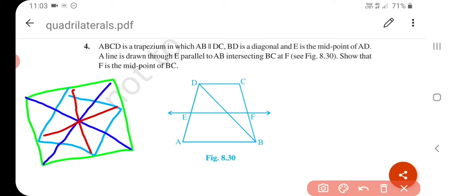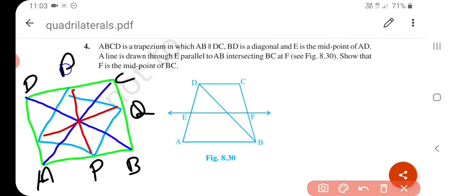It's given ABCD is a rhombus, and we proved PQRS is a parallelogram. Now angle COD is equal to angle EOF, equal to 90 degrees, because the diagonals of a rhombus bisect each other at right angle.